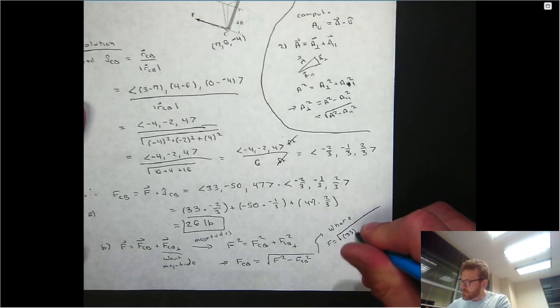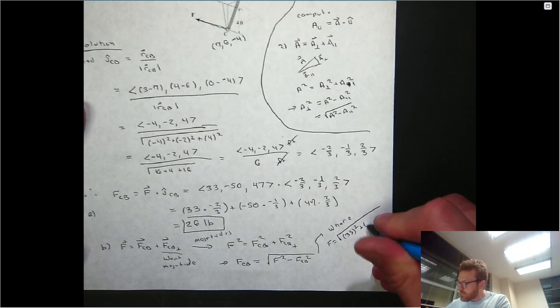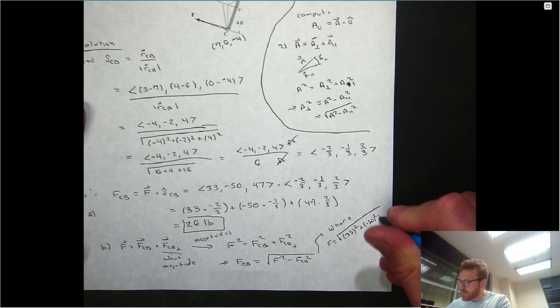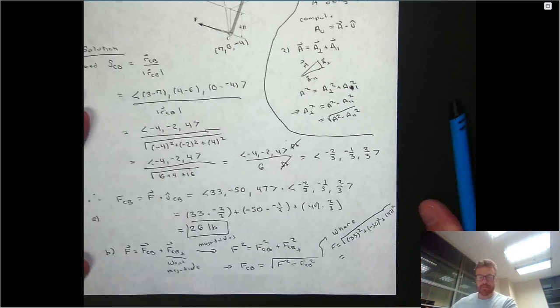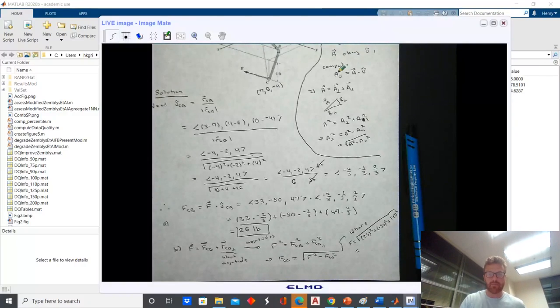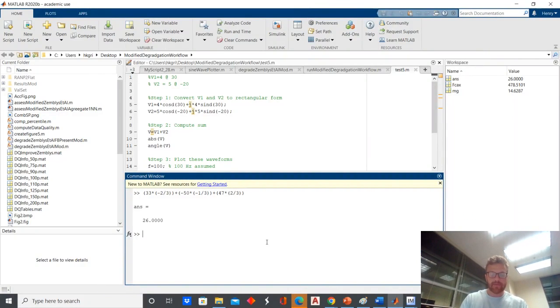Here F is the magnitude of that force vector, which is just going to be the square root of 33 squared plus minus 50 squared plus 47 squared. So what does that turn out to be? Let's compute over here. I'm just going to be lazy and not show the minus 50, since when you square it, you get plus 50.